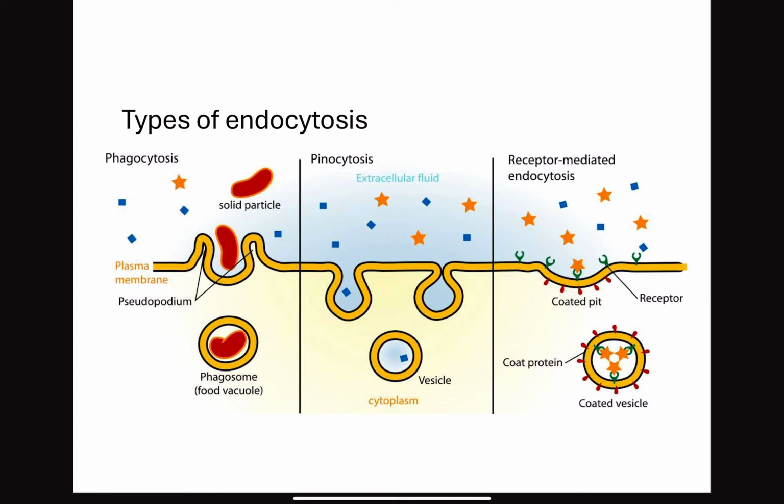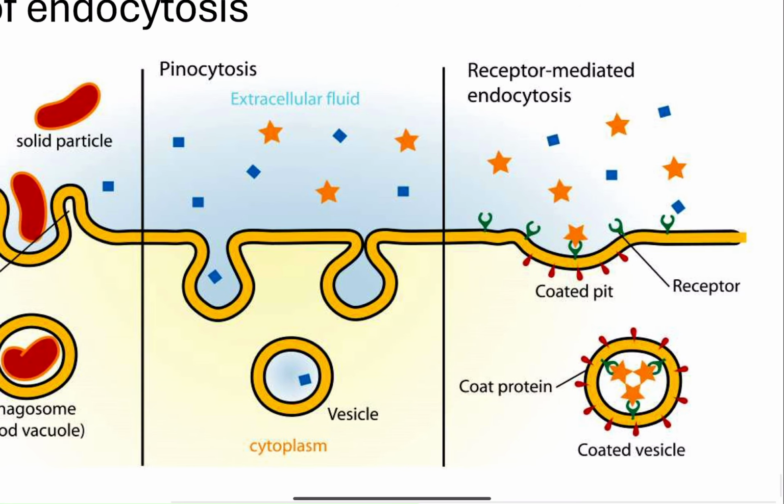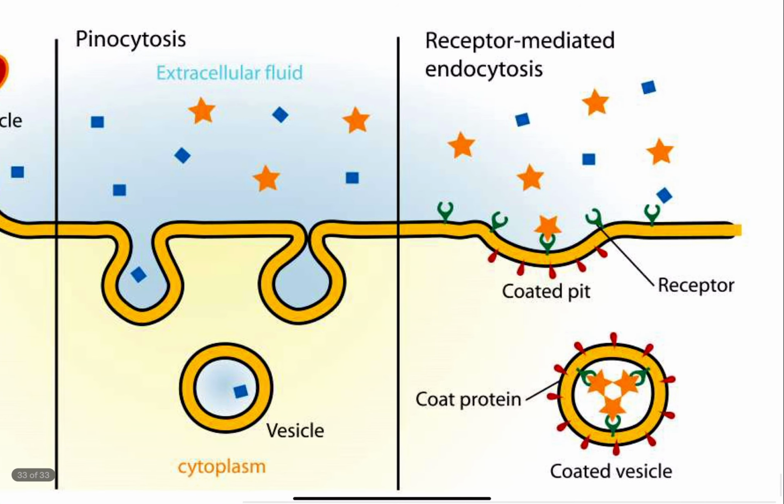So receptor-mediated endocytosis is going to allow the cell to acquire bulk quantities of specific materials that may be in low concentrations in the environment.